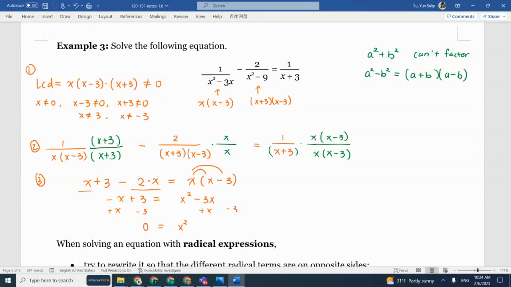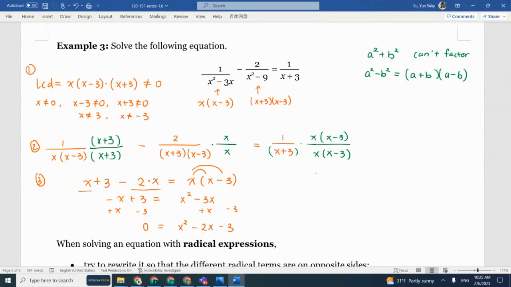Negative 2x. And the constant term is negative 3. Right, everybody? Oh, this is a quadratic equation.